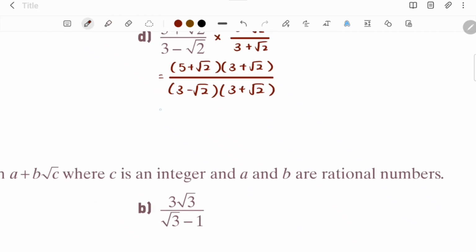So 5 times 3, 15. 5 times root 2 plus 5 root 2. Root 2 times 3 plus 3 root 2. Root 2 times root 2 plus 2 over 3 times 3, 9, plus or minus.